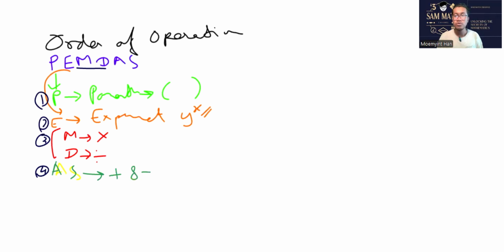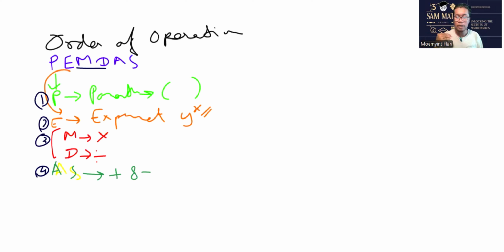Sorry, did I say division? I should say addition and subtraction for the last level. So parentheses first, and then exponents, and then multiplication and division, and then for the last level you're supposed to do addition and subtraction.